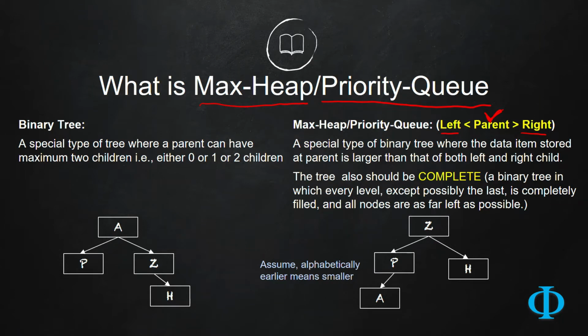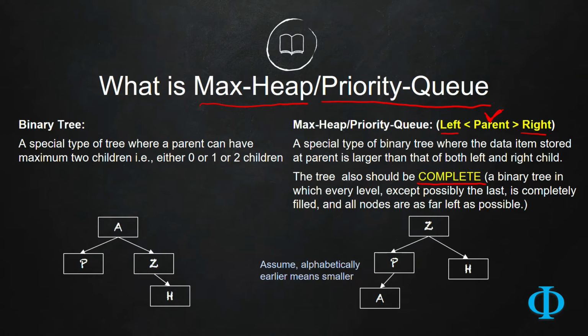Now these MaxHeaps should follow another property. Here the binary tree or this MaxHeap or priority queue must be a complete binary tree. So what is a complete binary tree?